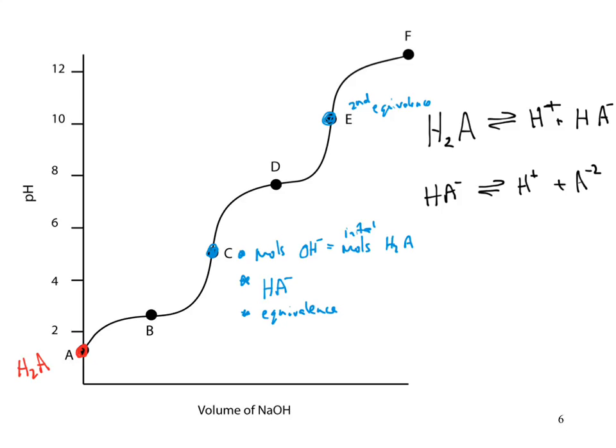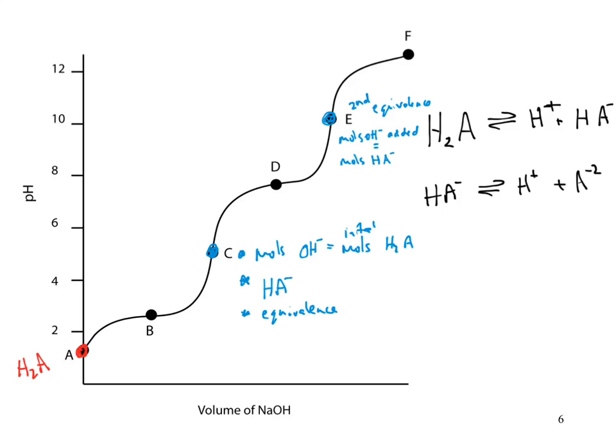At that point, the moles of OH minus added equal the moles of our HA minus. Okay, it's a little bit harder to say the initial moles of HA minus. What else could we refer to?